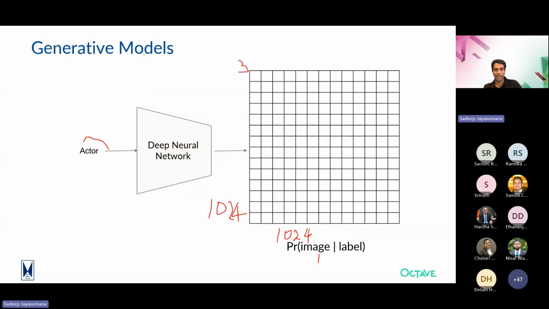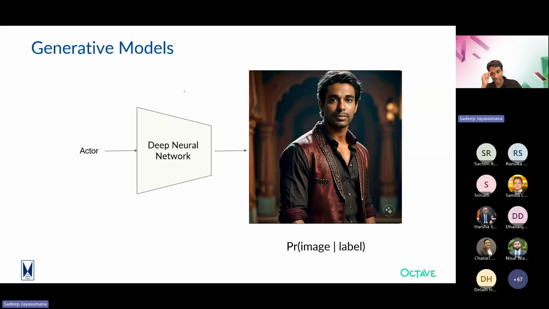For the actor image generation, for example, you might generate an image like this. I fed actor into an AI, and accidentally it generated an image that resembles a younger version of my father for some reason. That's completely coincidental, but these are the sort of images that we can generate with these generative models. Again, this is a high resolution image, so this is a very hard problem.